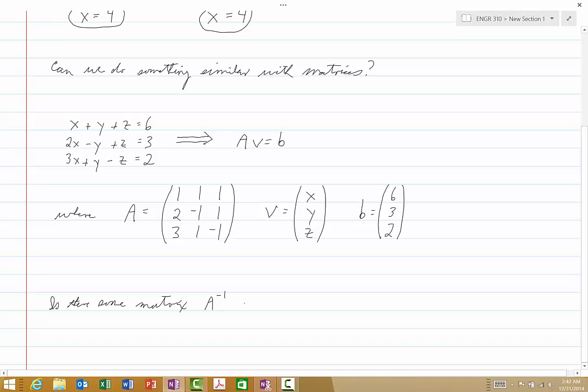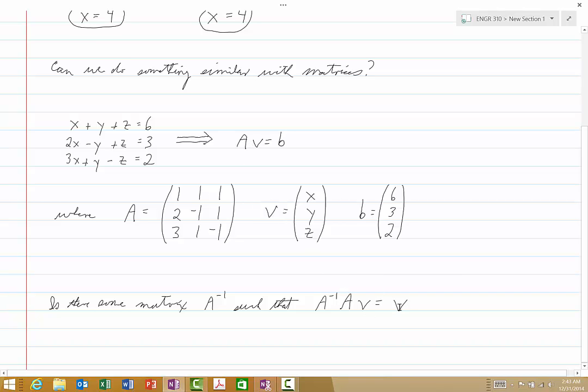And so the question is, is there some matrix A to the negative 1, or A inverse, such that A inverse A V equals V?